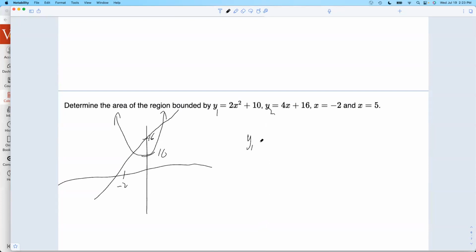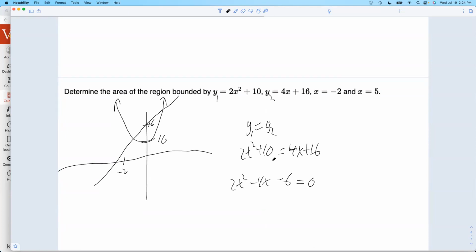So let's set them equal to each other. This is a quadratic equation we have here. We solve quadratics by getting everything on one side and factoring. Let's see, I think we'll get -6. Yeah, -4x, 10 minus 16 would be -6.